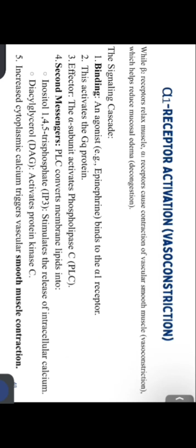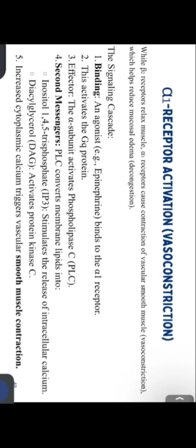For example, epinephrine binds to the alpha 1 receptor, it activates the Gq protein. Then this activation leads to the effector enzyme phospholipase C converting membrane lipids into inositol 1,4,5 triphosphate or your IP3 and diacylglycerol or your DAG.